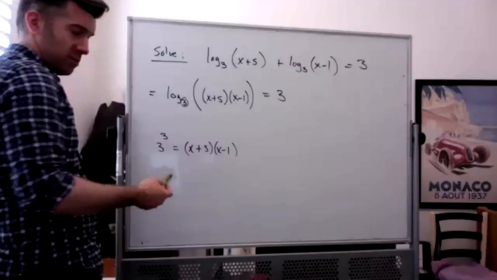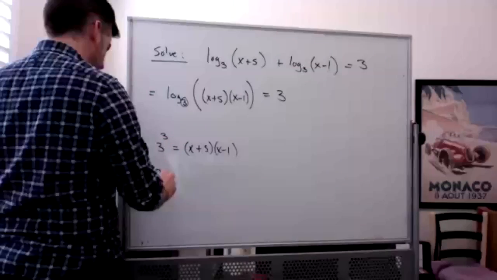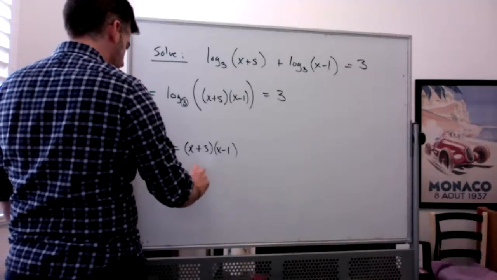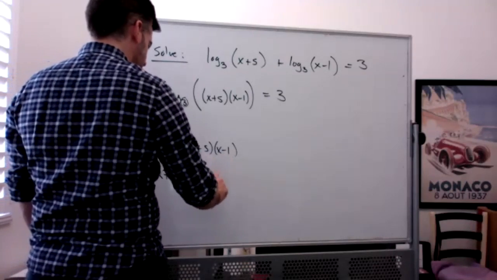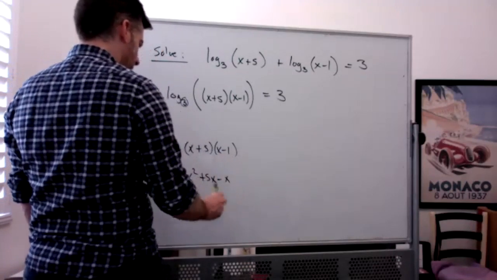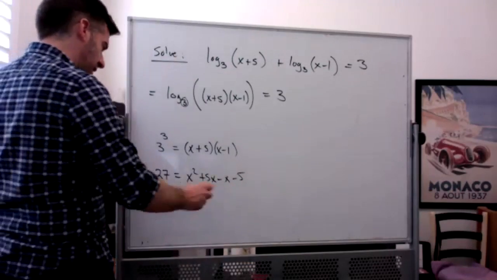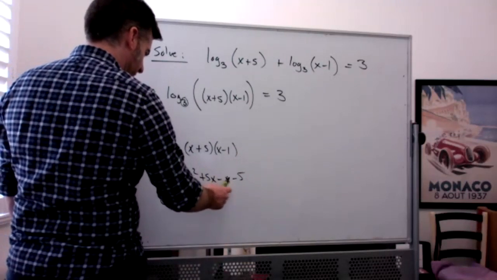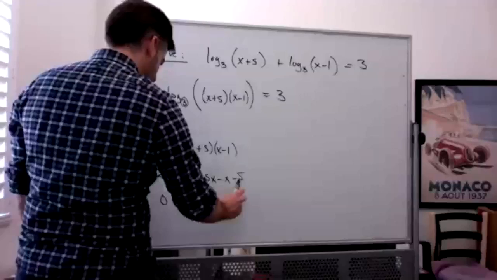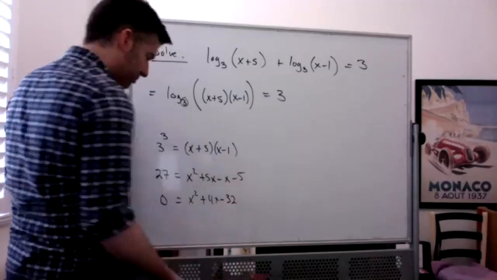And then we try and solve this quadratic equation. So the 3 to the 3rd is 27, and it's equal to x squared plus 5x minus x, and then minus 5. Bringing everything to the right, 0 on the left, I get x squared, 5x minus x is 4x, and minus 5 minus 27 is minus 32.